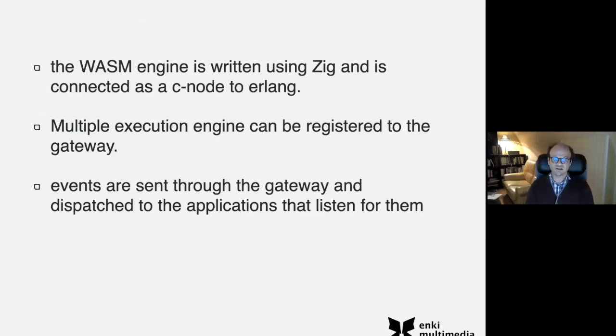The WebAssembly engine is written in Zig because it was easy to write WebAssembly with Zig. And it's connected as a C node to Erlang. So you can deploy many application engines in Zig on different platforms. And these execution engines are registered to the gateway, send events to the gateway, or receive events from the gateways. There can be more than one gateway.